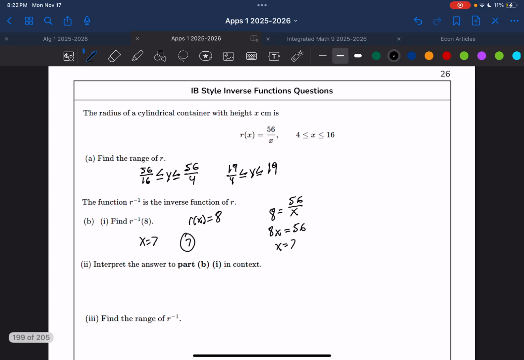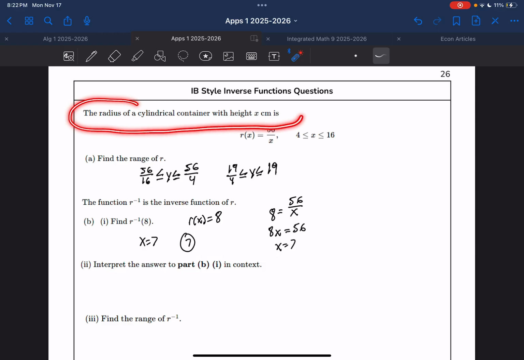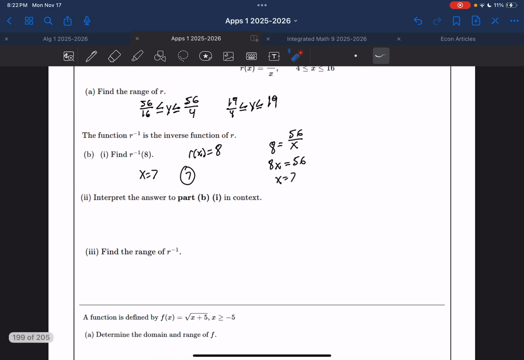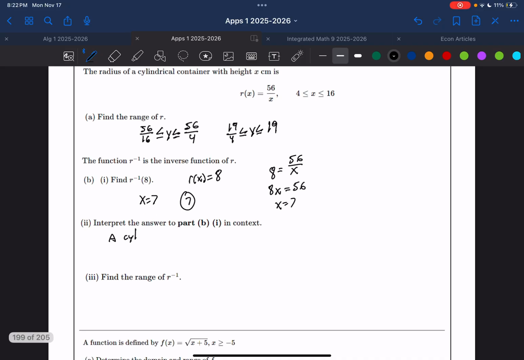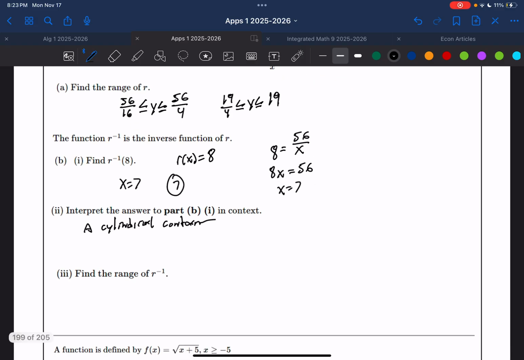And then interpret the answer. So remember, the radius of a cylindrical container with height x is 56 over x. So this is saying a cylindrical container, how do you spell cylindrical? Cylindrical container with a radius of 7 centimeters.